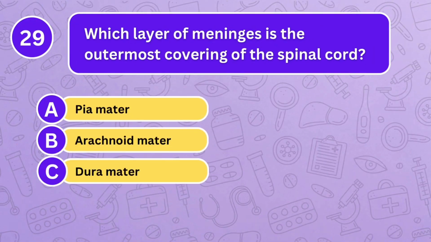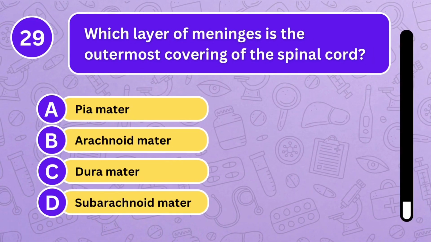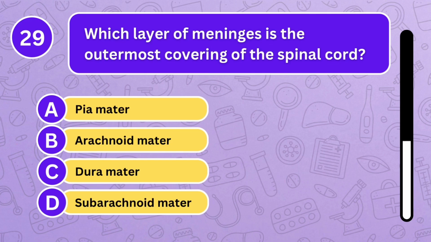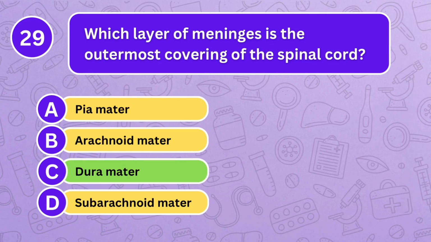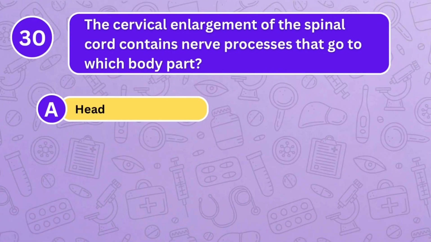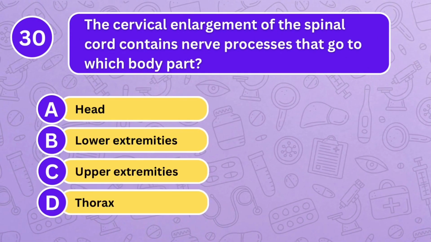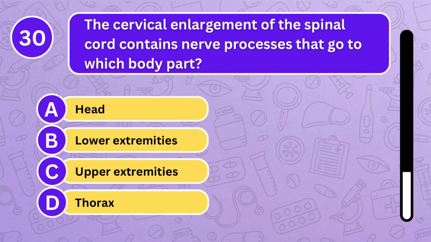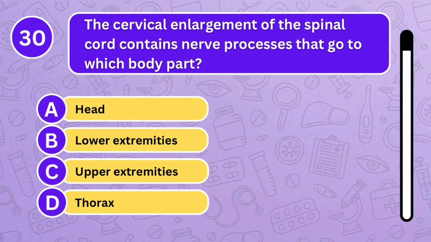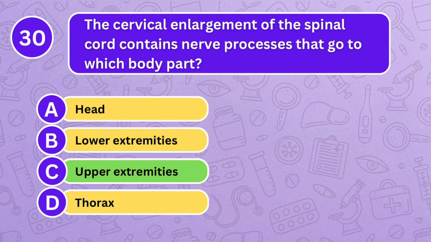Which layer of meninges is the outermost covering of the spinal cord? Dura mater. The cervical enlargement of the spinal cord contains nerve processes that go to which body part? Upper extremities.